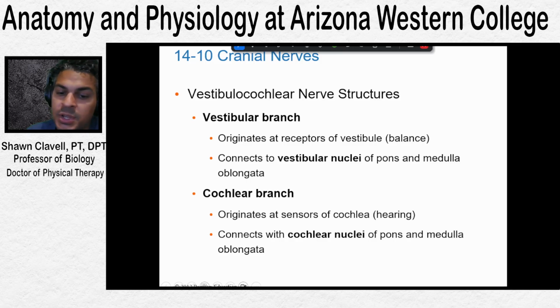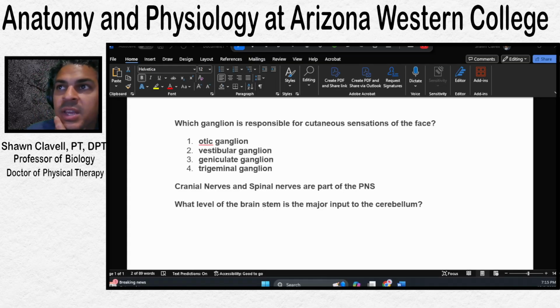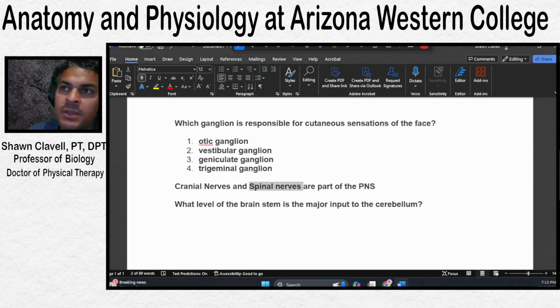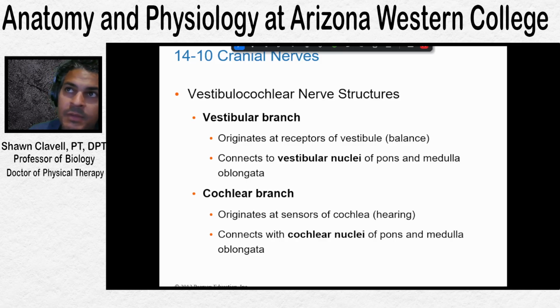So the question here again is asking us, which ganglion is responsible for cutaneous sensations of the face? Well, the vestibular ganglion is not. Remember, we just saw that the vestibular ganglion is related to the vestibular system here.